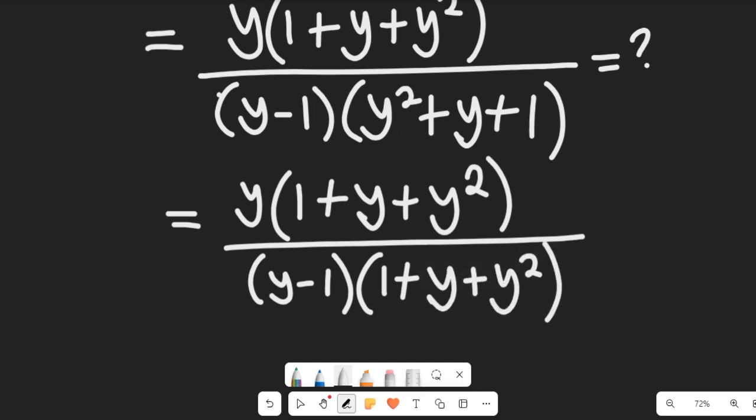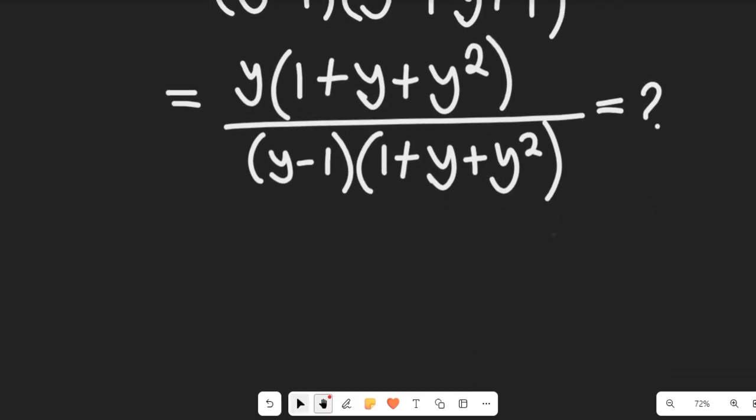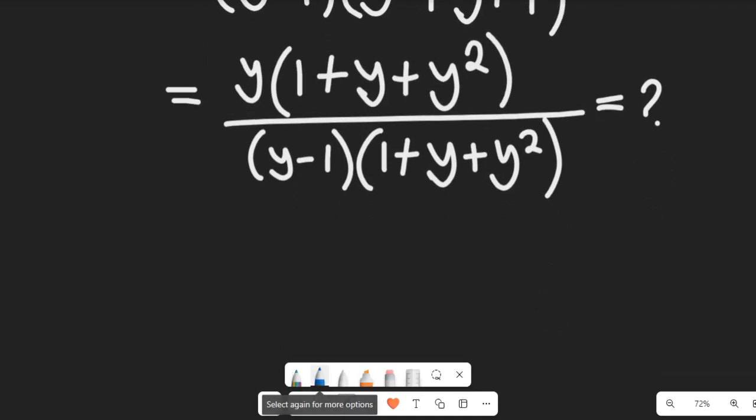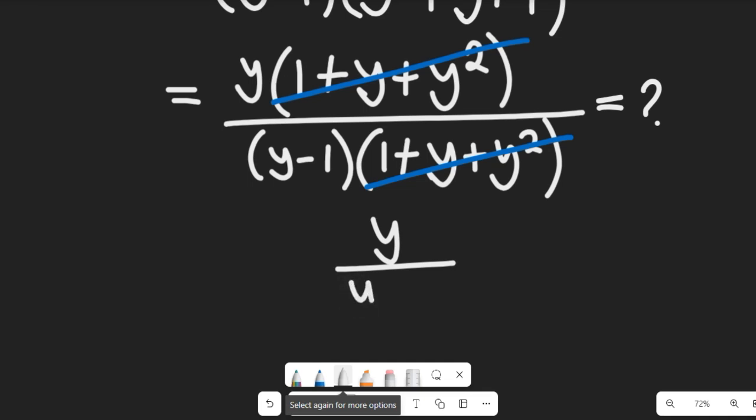Because we have a positive sign holding all of them, we can rearrange. Now in the next step, you'll find out that this whole thing will cancel out this whole thing, right? And then we'll be left with y divided by y minus 1, and this is going to give us this solution.